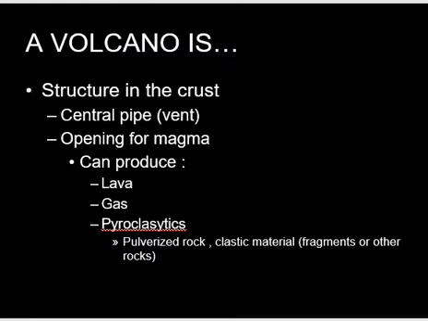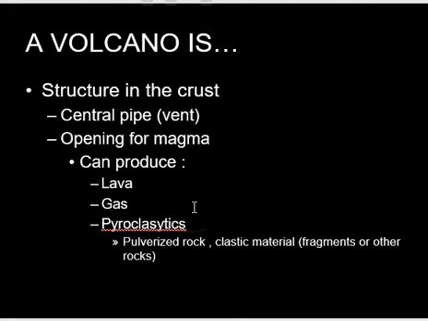A volcano is basically some kind of structure in the crust. There is a central pipe or a vent. So think of this as a tube that is a conduit for magma. Remember, magma is the liquid rock under the surface, and lava is the rock on top of the surface. So you've got this vent, this central pipe, an opening for the magma, and the magma can produce many different kinds of things.